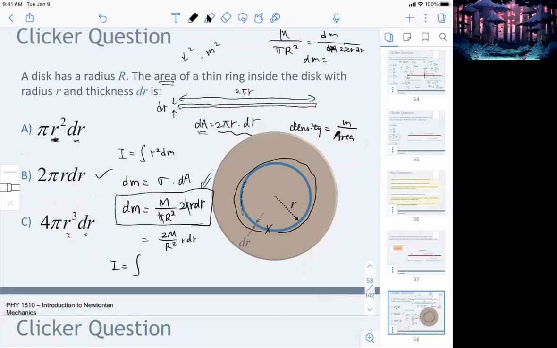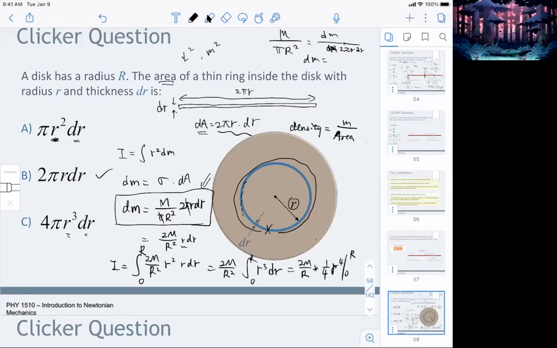Each of these little m is at the distance r away from the center, and r changes from 0 to capital R. So it's r squared times another r dr. Now this is a constant from 0 to capital R, so 2m over R squared is your constant. You integrate r cubed dr, which is 1 over 4 little r to the power 4 from 0 to R.